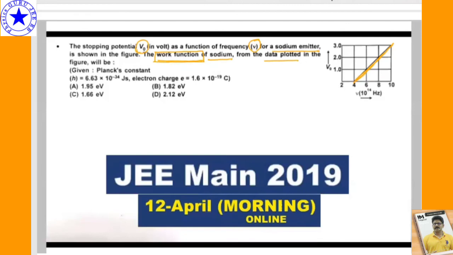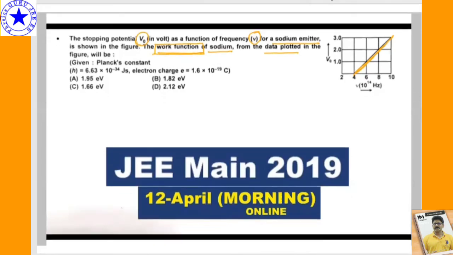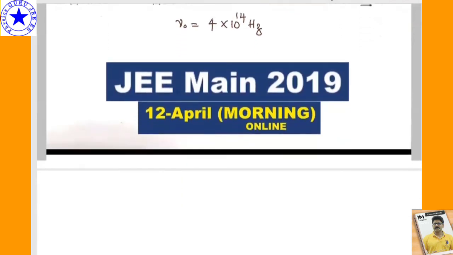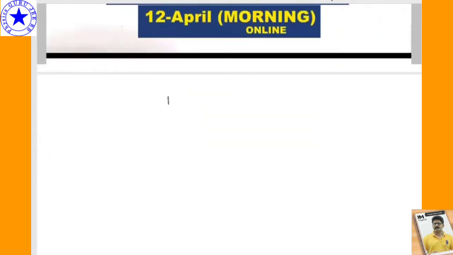If I want to calculate the work function, let me start here. Starting from the threshold frequency, let me take the threshold frequency equal to 4 into 10 to the power of 14 hertz. The work function of the metal W is equal to h nu naught.